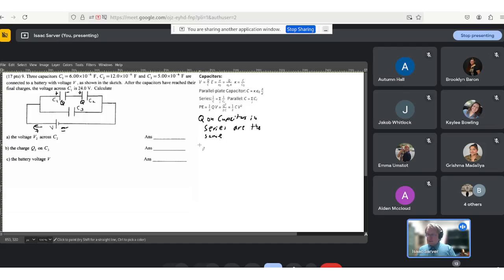The same idea happens for resistors. So I in resistors, because the current has to come from somewhere, any I in one resistor in a series has to be the same.